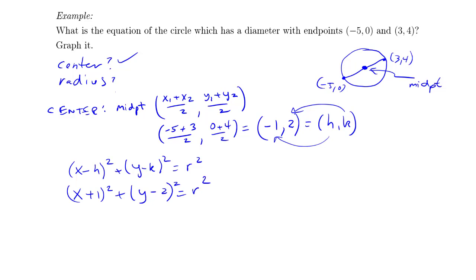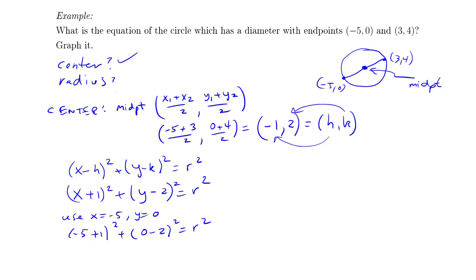Okay, so I have two choices here. I could either find maybe the distance from the center to one of those 2 points to get the radius, or I could just take either one of those points and plug them in here. So if I use x is negative 5 and y is 0, what would I get? I get negative 5 plus 1 squared plus 0 minus 2 squared is r squared.